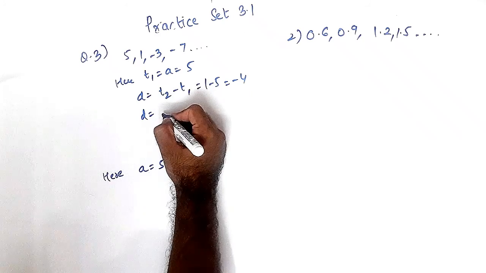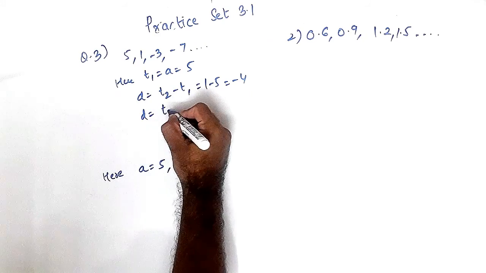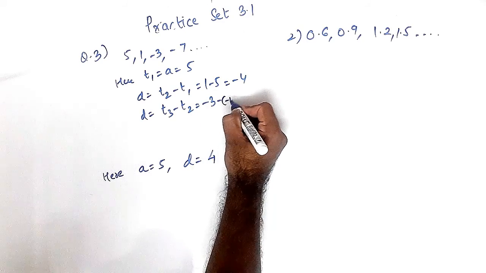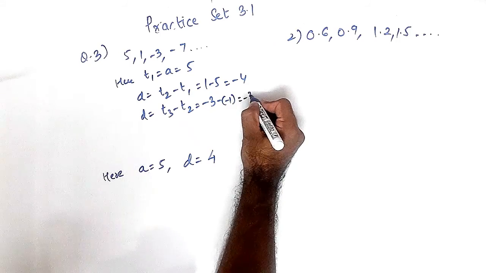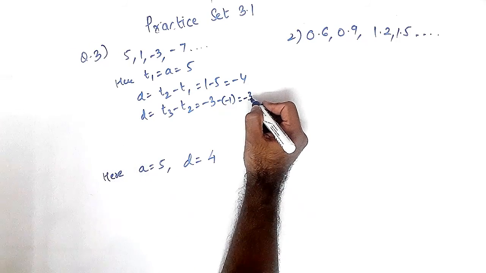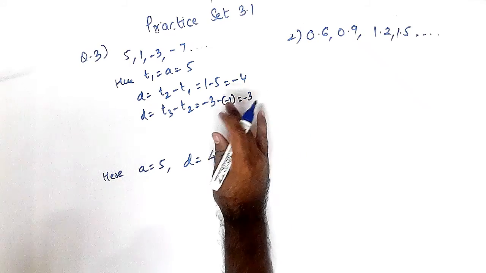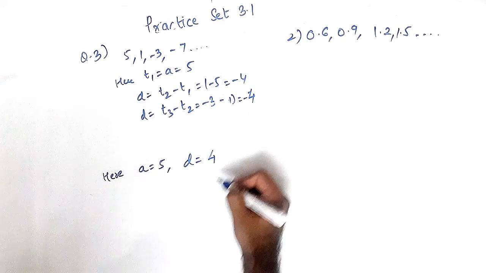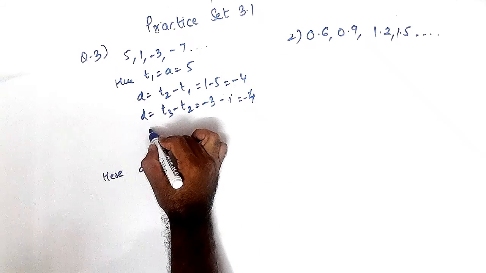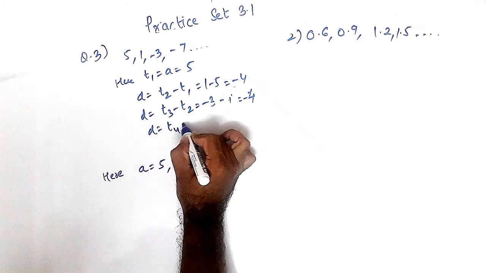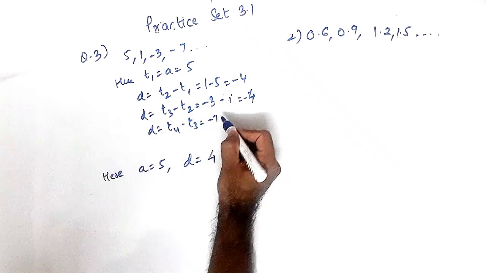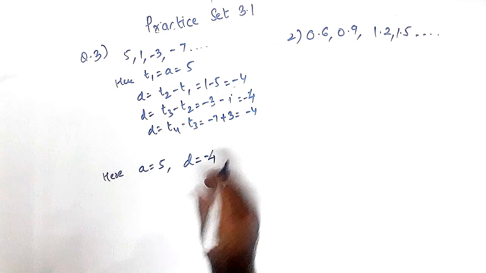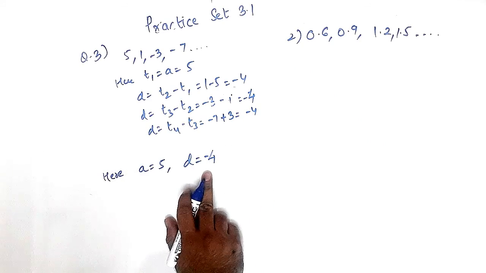Difference is equal to T3 minus T2 is equal to minus 3 minus 1, so it will be again minus 4. Okay, so here again D is equal to T4 minus T3 is equal to minus 7 plus 3, so that is also equal to minus 4. So I beg your pardon, difference is minus 4.